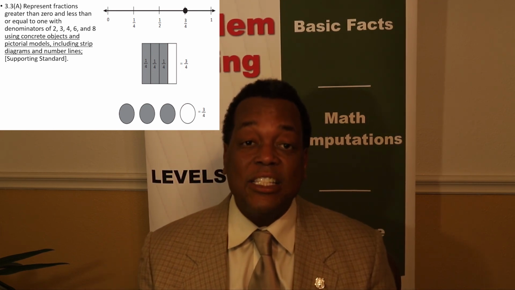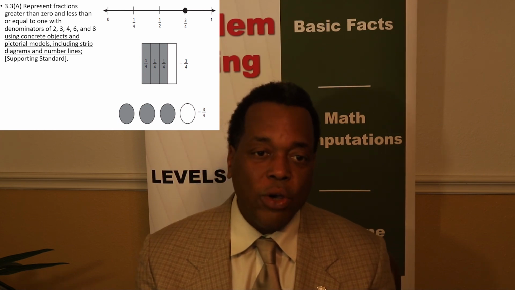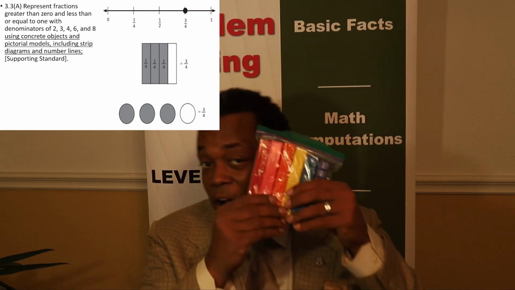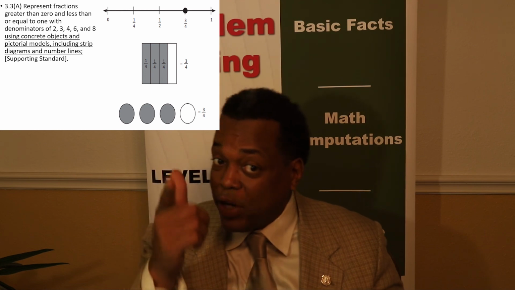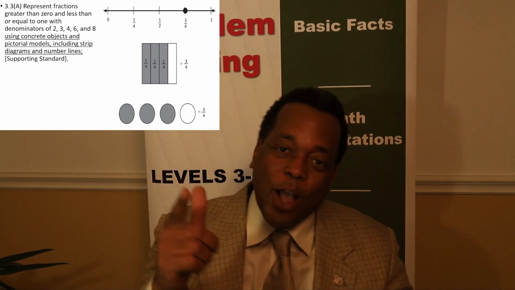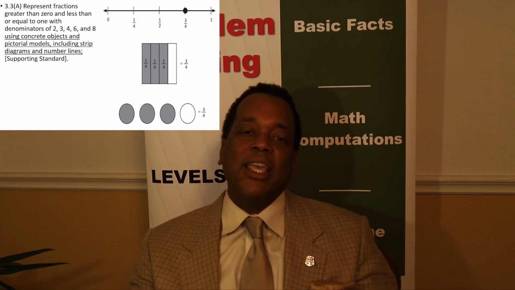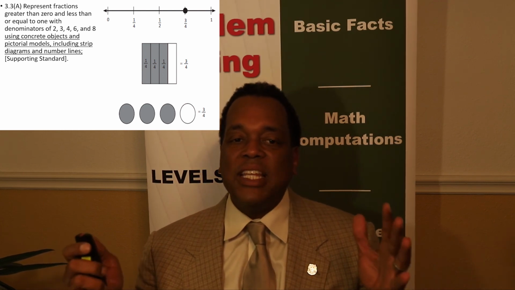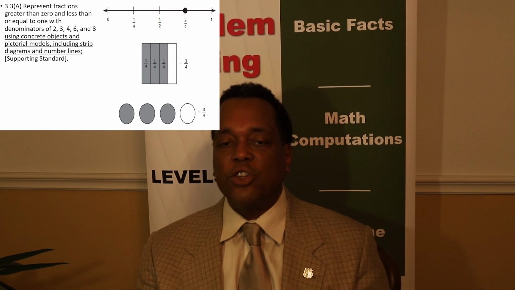This slide contains pictures. This is a pictorial model. So we have concrete objects, we have pictorial models, we have strip diagrams, and we also have number lines, which you're looking at on the slide. So you have seen every part of this standard we have covered.